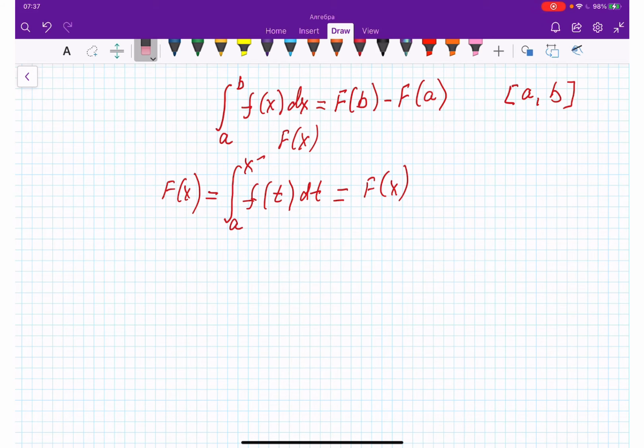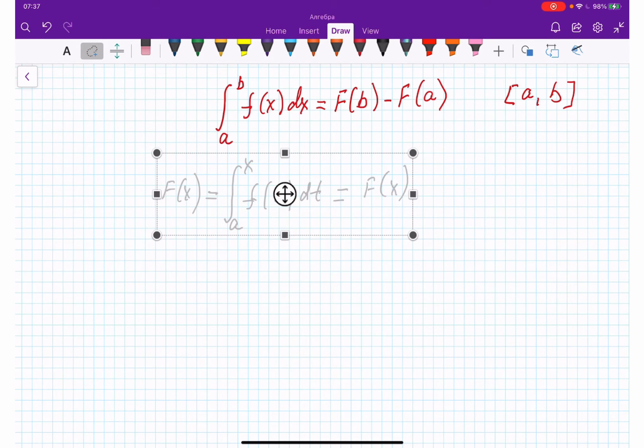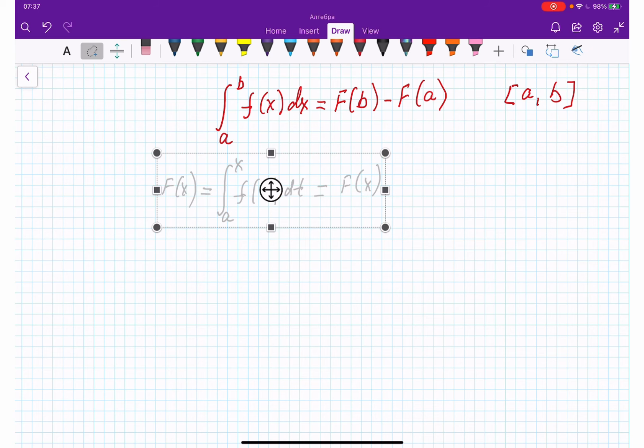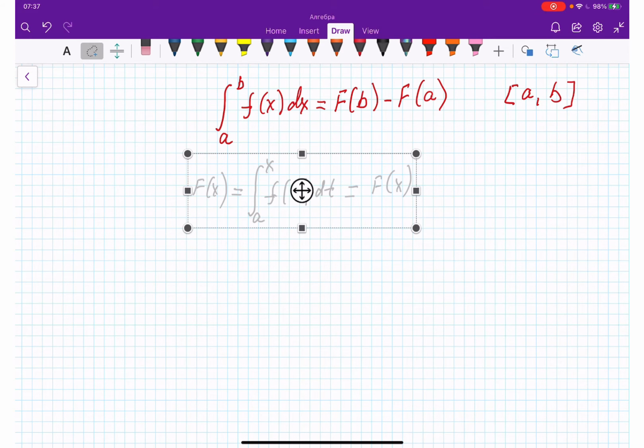Let me clear here so we can have the formula clear. And f of t is a function. F is a function of t, that's all.